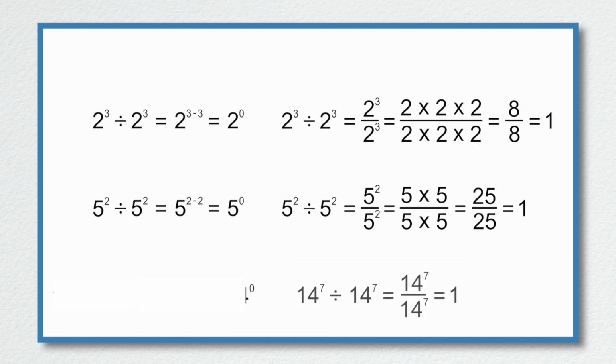And if I had 14 to the power of 7 divided by 14 to the power of 7, well, that's 14 to the power of 7 over 14 to the power of 7, which is equal to 1. And of course, 14 to the power of 7 divided by 14 to the power of 7 is 14 to the power of 7 subtract 7, which is equal to 14 to the power of 0. So 14 to the power of 0 is equal to 1.